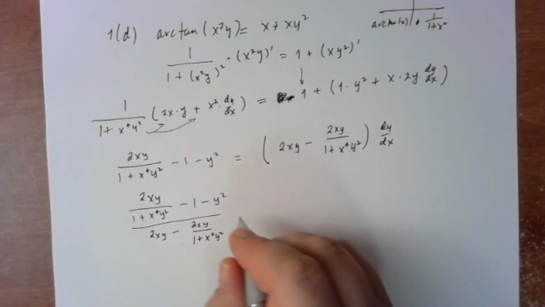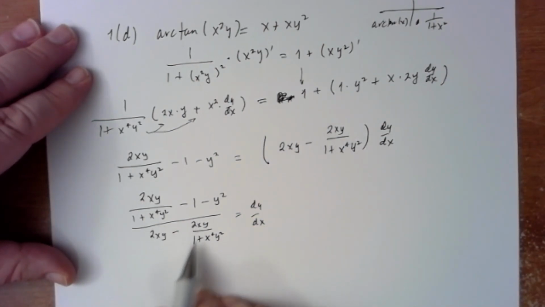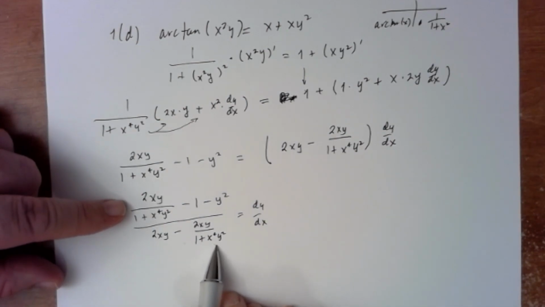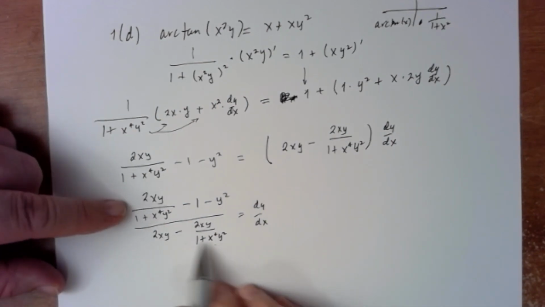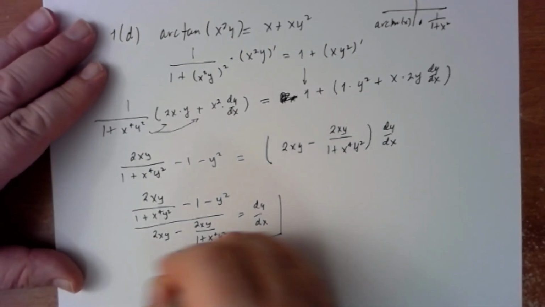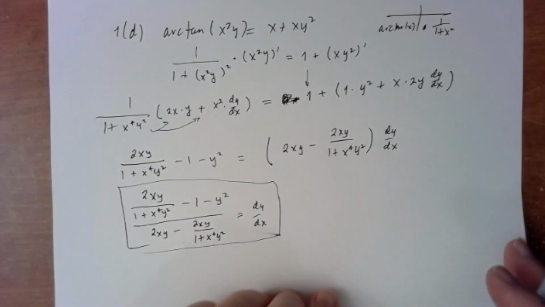Now, here we've been able to solve for dy over dx. Generally speaking, we wouldn't want to leave a fraction within a fraction, but in this case, I think it's okay to leave it in that form. So we'll just leave it in that form. Very good.